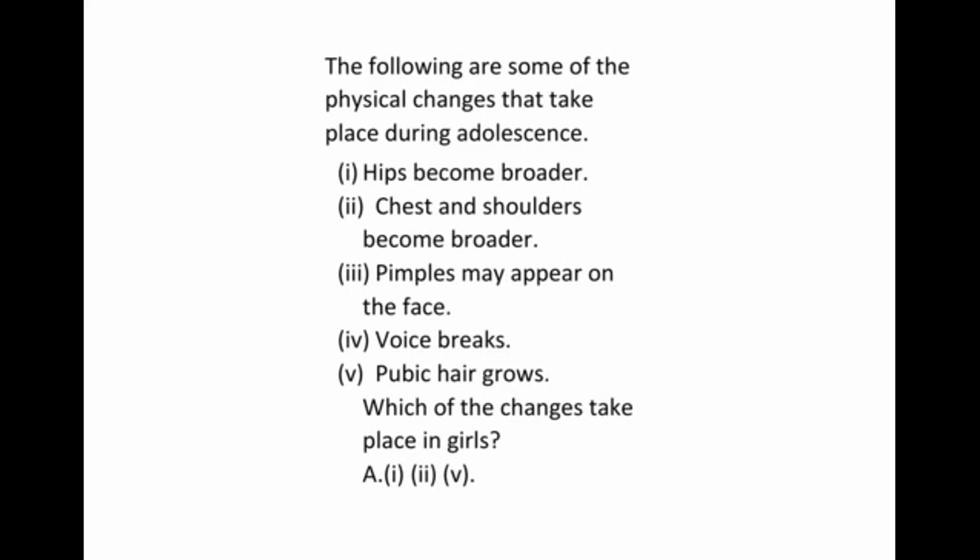Some are physical, the others are emotional changes. For the physical changes, there are those changes that occur to both boys and girls. Others occur to boys alone. Others occur to girls only. Here we want the physical changes that occur to girls.